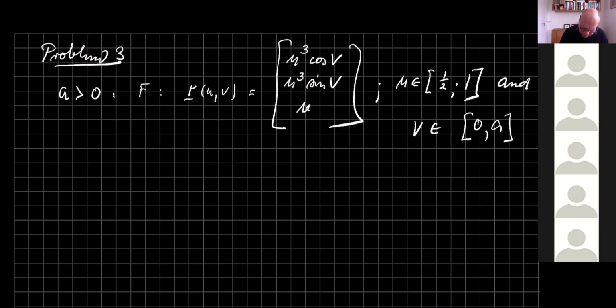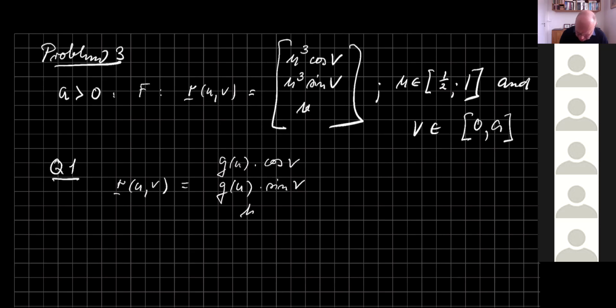Okay. And in question 1, we should prove that this is a surface of revolution. So I write this in the standard form for a surface of revolution, where I use g of u times cosine v, then g of u times sine v, and then h of u.